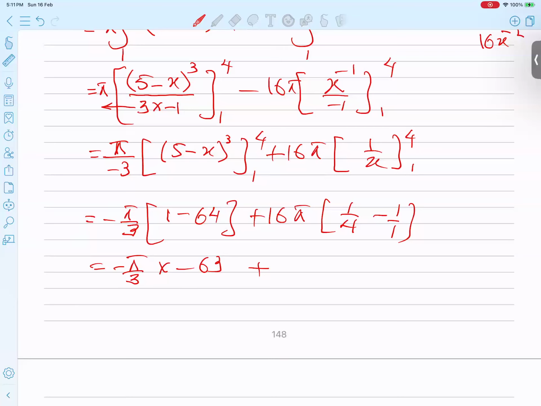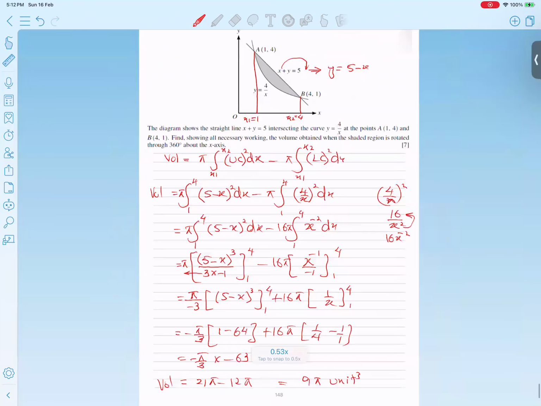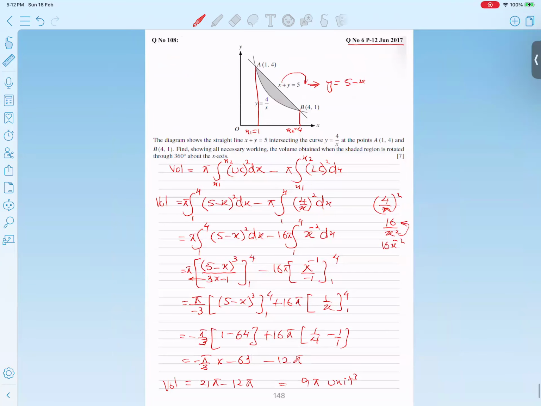I mean, this is negative 12 pi. Repeat, this full answer is negative 12 pi. If you check it here, negative, negative, positive, I get 21 pi and negative 12 pi. Finally, I got 9 pi unit cube. So this is the final answer of the volume, and I believe the concept of the whole question is very, very clear.